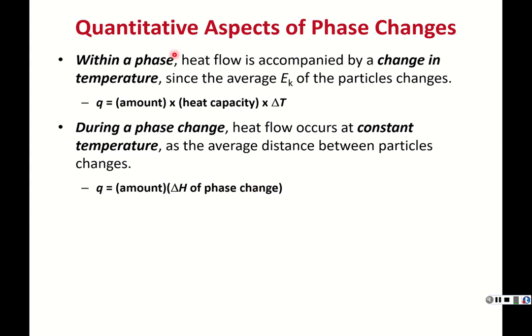Okay, so that's within a phase, if we're trying to account for the heat changes with respect to a change in temperature. During a phase change, the heat flow occurs at constant temperature, and the average distance between the particles changes. So if we're trying to calculate the heat for a phase change, it's just going to be equal to the amount of the substance times the delta H of that phase change for that particular substance.